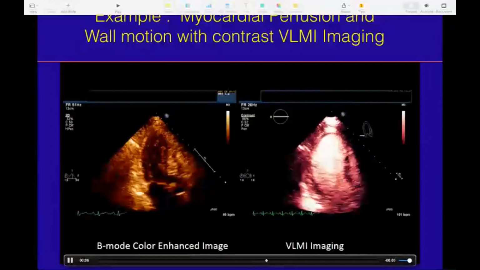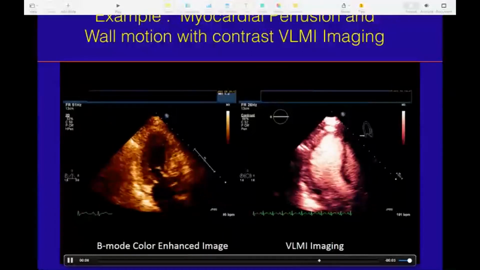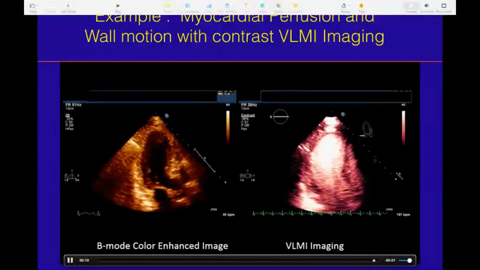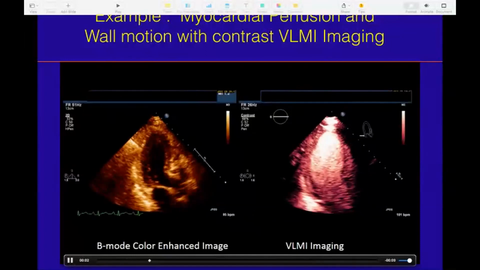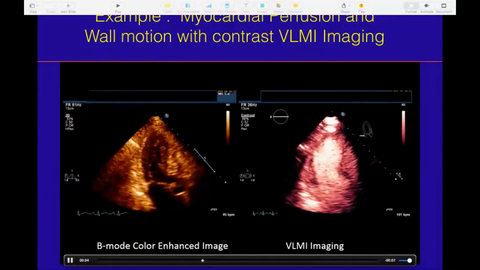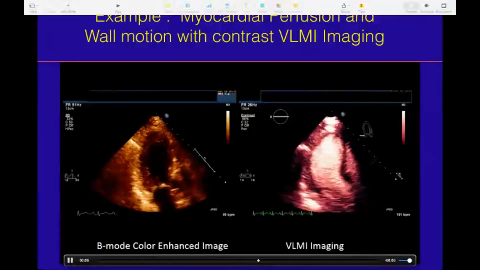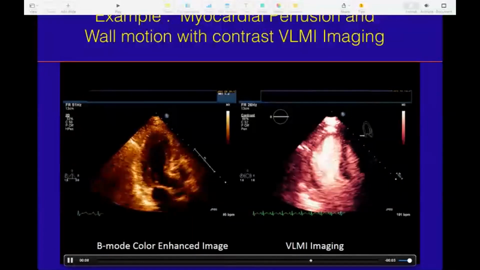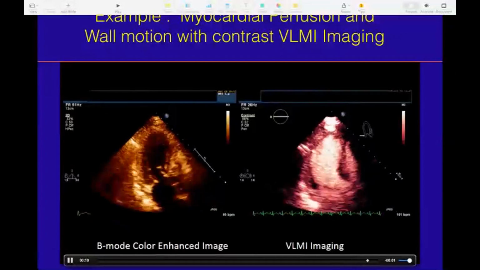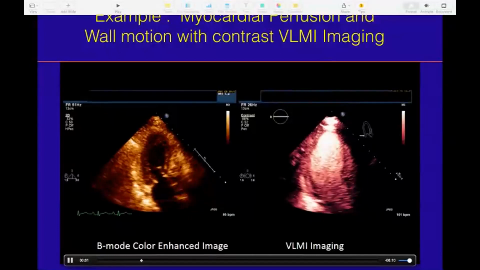So if you're imaging a patient with a myocardial infarction at the bedside at rest, and you do low mechanical index imaging, keep your mechanical index low, and then deliver your flash, you will see a delay in the appearance of microbubbles, and you know that there is a problem at the capillary level.